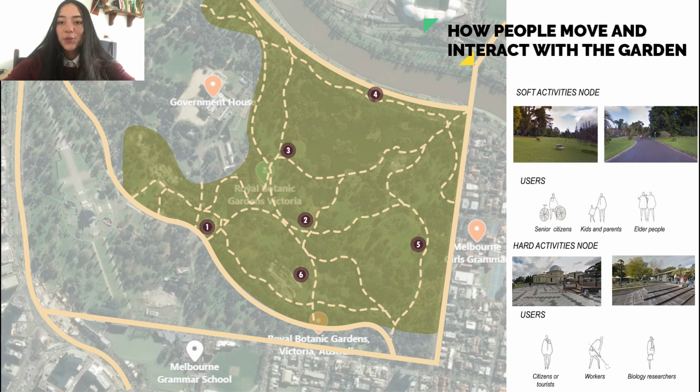So it's more like walking, a space for walking, a space to sit, benches and all that stuff, or even just to observe all this nature landscape.